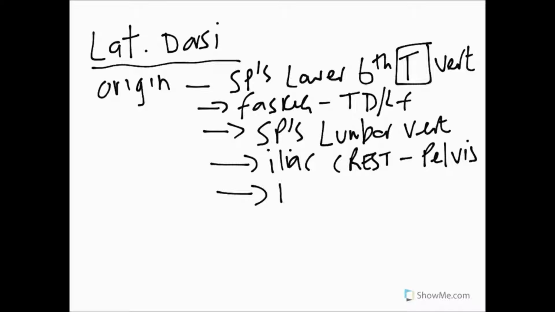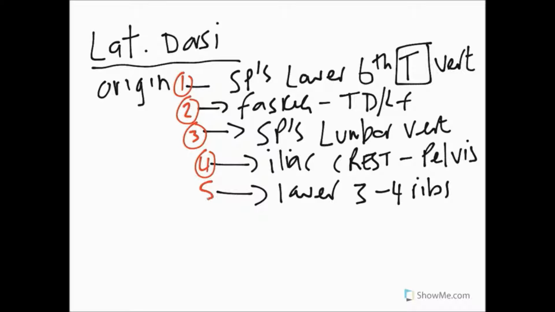And one last thing, which is the lower 3 to 4 ribs as well. So it's quite a number of points of origin. The key ones here. There's 1, 2, 3, 4, 5.